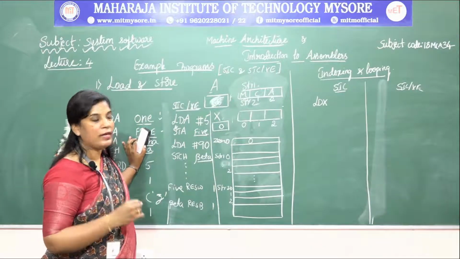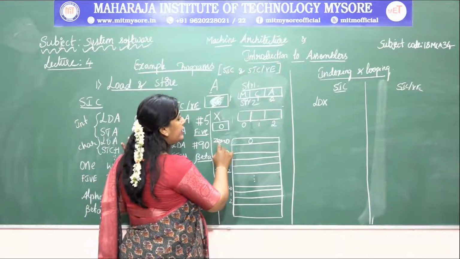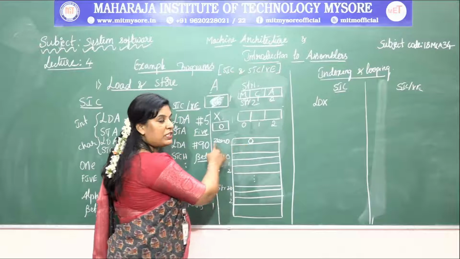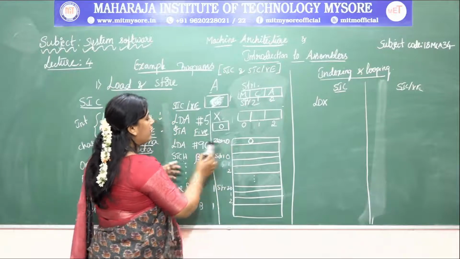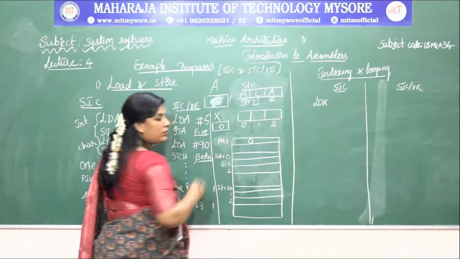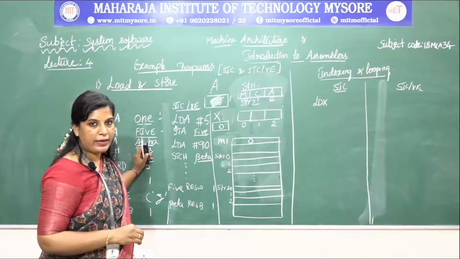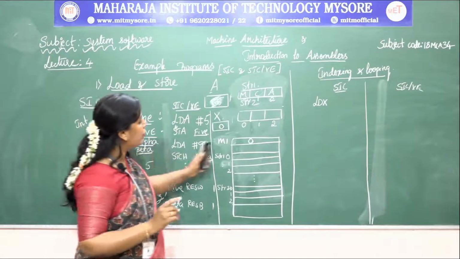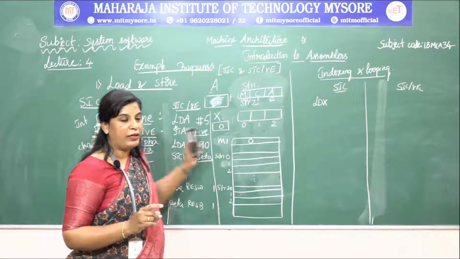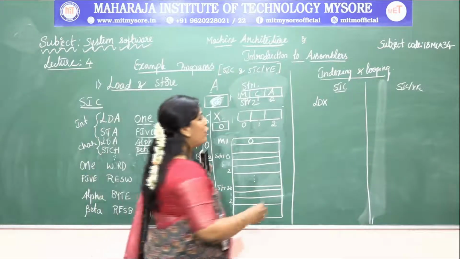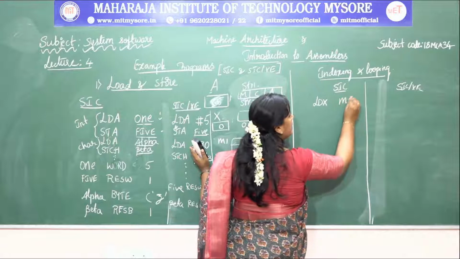If it is confusing, I will take the memory location name as M1. I want to initialize the index register to 0, and the 0 is there at memory location M1. So I load the index register with the value present in memory location M1.